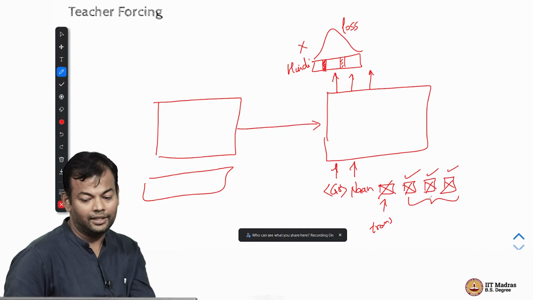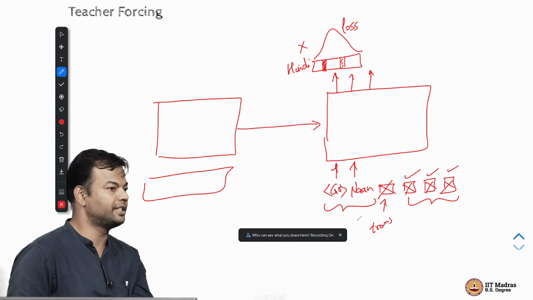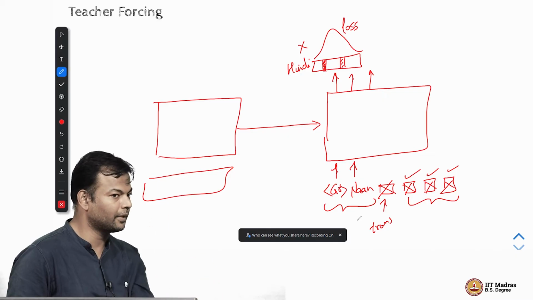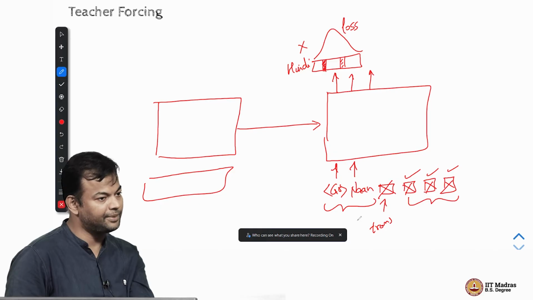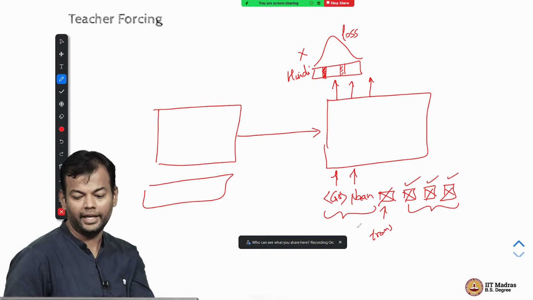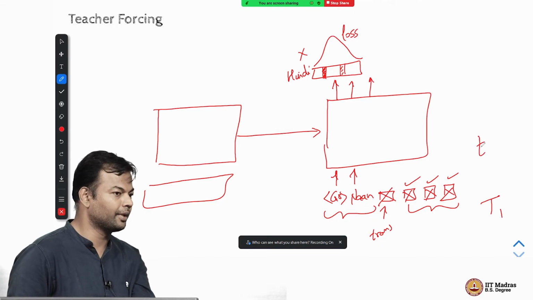So looks like at time step 2, I should only feed words at time step 0 and time step 1. At time step 3, I should feed only words at time step 0, 1, 2, right? So if the length of the actual translation was T1 and I am at the Tth time step, then what does that mean?